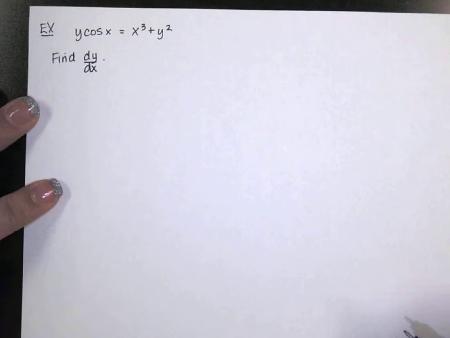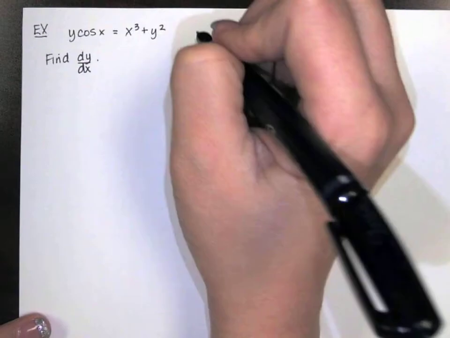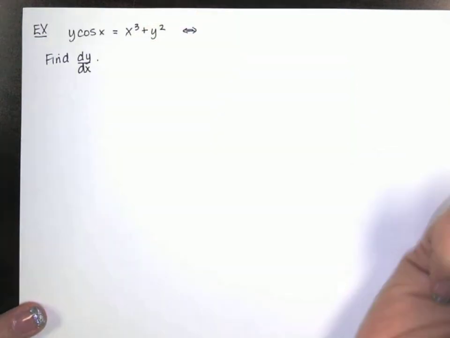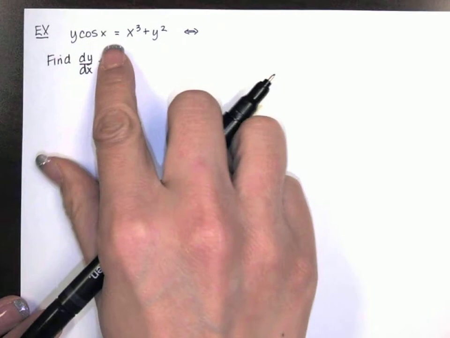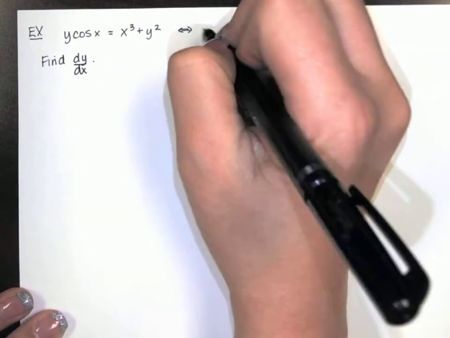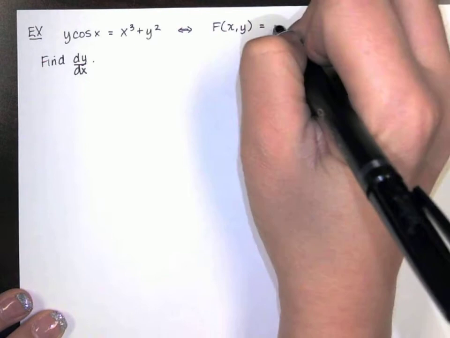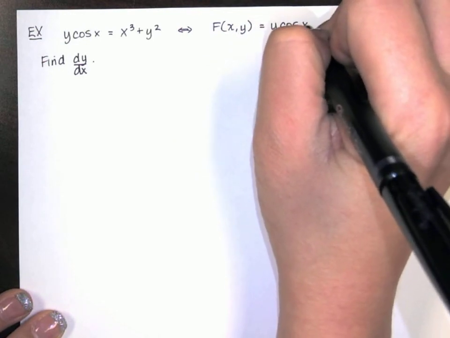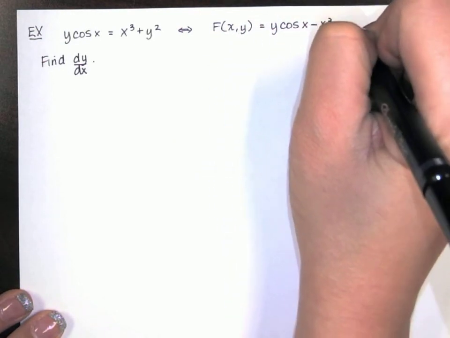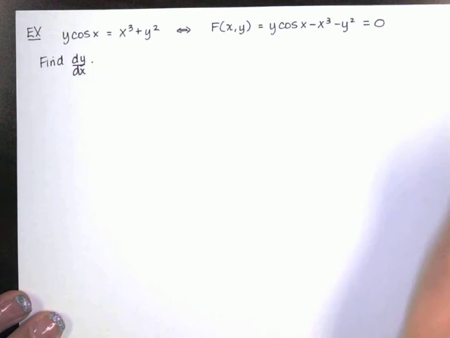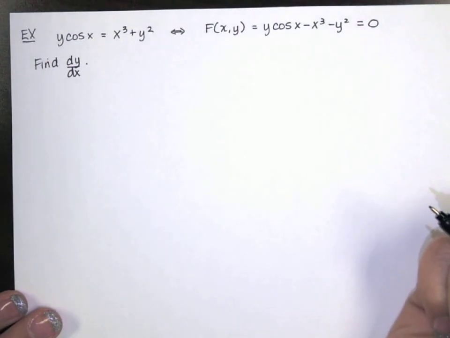We could use implicit differentiation from Calculus 1, or we can use the method that we just talked about. So let's use the method that we just discussed. Let's move all the terms to one side, and that will be f of x, y. So f of x, y is y cosine of x minus x cubed minus y squared. And that's been set equal to 0.